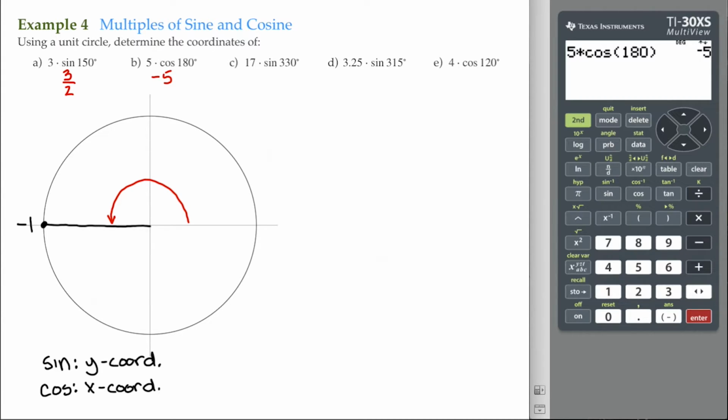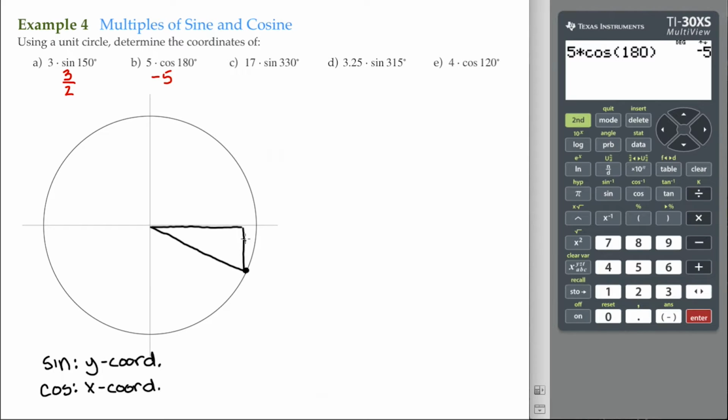Let's try C. 17 times the sine of 330 degrees. 330 degrees, well, that's 30 degrees less than 360 degrees. So again, we have a 30, 60, 90 triangle. So we're looking for the opposite over the hypotenuse.